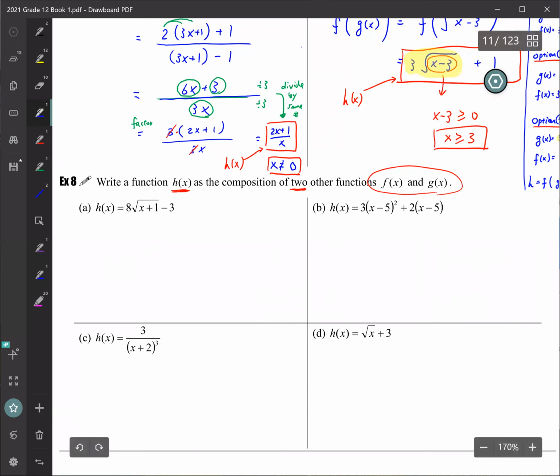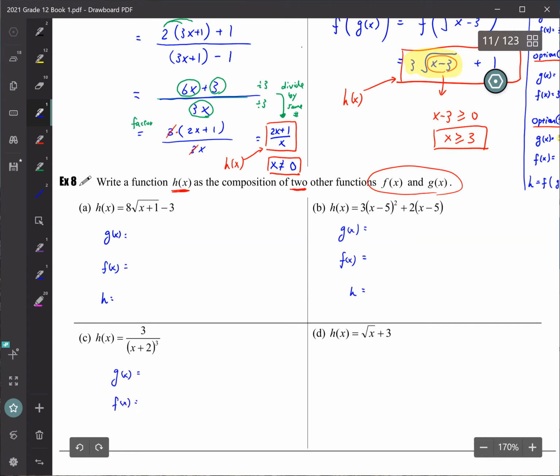For each question, you need to tell me what's your g, what's your f, and whether you want g inside f or f inside g. I'm just gonna write out the format and you can start to work on it now.